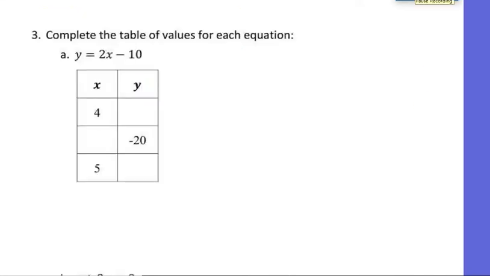Let's go a step further. Here's a table of values that's incomplete for the line defined by the equation y equals 2x minus 10. For 2 of the 3 points, I'm given x values, and for one of those points, I'm given a y value.